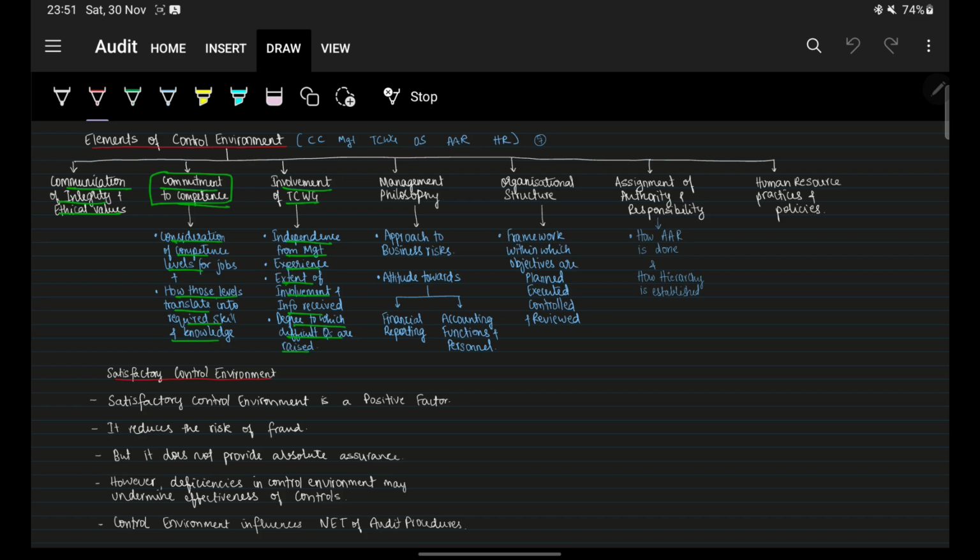Basically, we're seeing whether those charged with governance are independent from management, or do they have too much involvement in the management, right? When there is a lot of involvement of those charged with governance in the management, you can see some level of complacency.